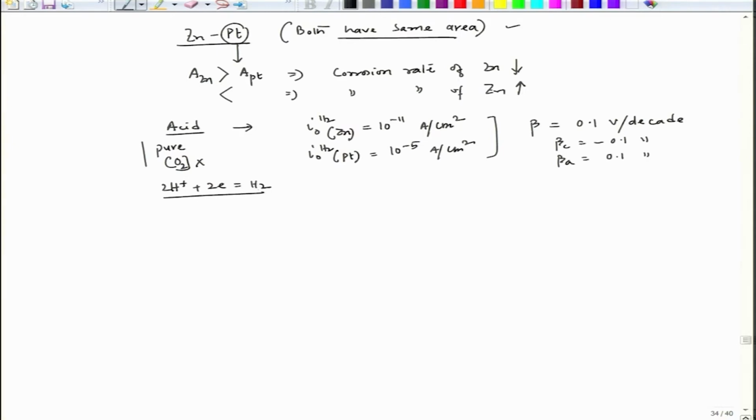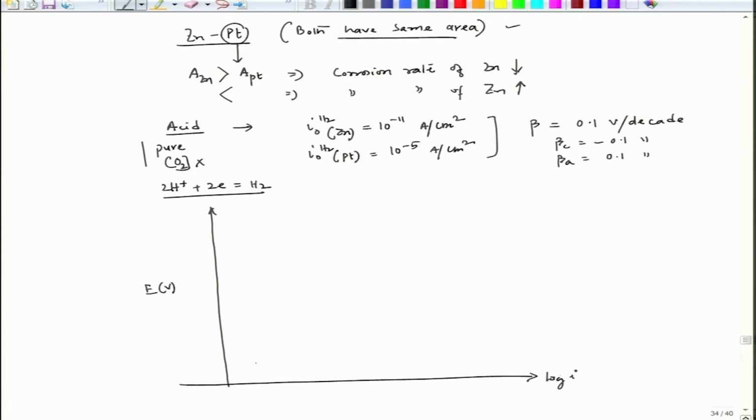Now, we have to see the effect of that galvanic coupling as well as the effect of that exchange current density. Now, let us draw E versus log I. Okay.